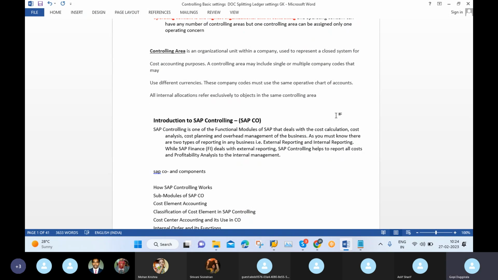Especially while working in real time, we can maintain a global controlling area. That controlling area we can assign to all company codes. In my current project also we use a global controlling area only. But under that controlling area we can map different company codes. So it means controlling area is the big one, not equal.